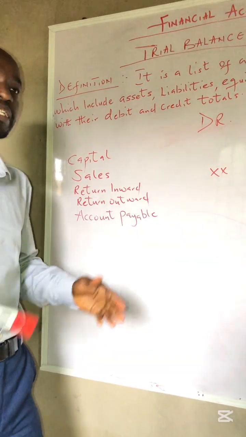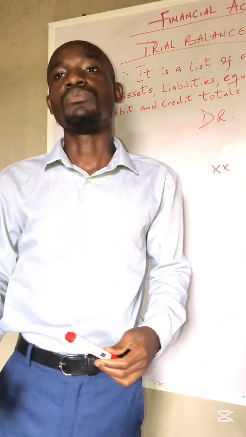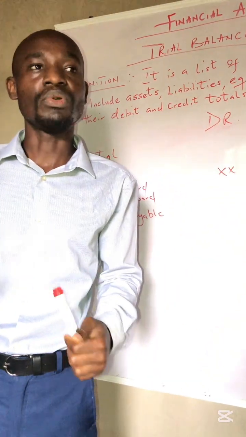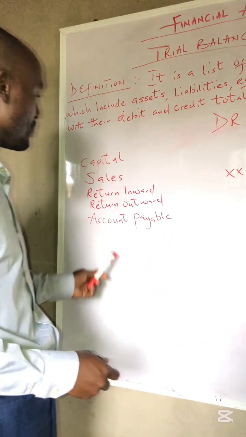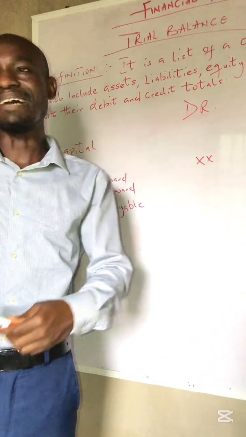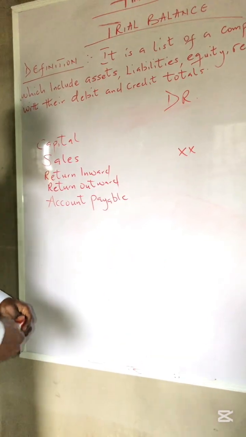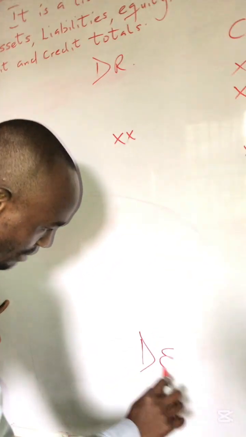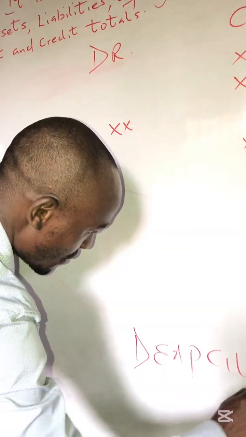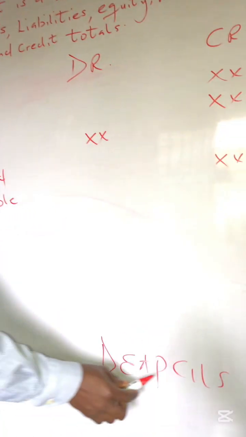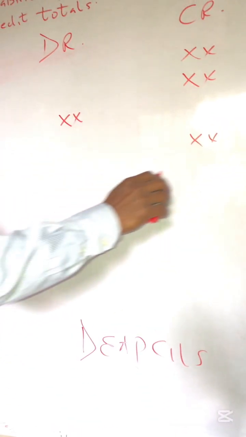There are those expenses we have already consumed, but we are yet to pay for. So account payable is a liability, and according to our formula DAPC, we are going to credit account payable.